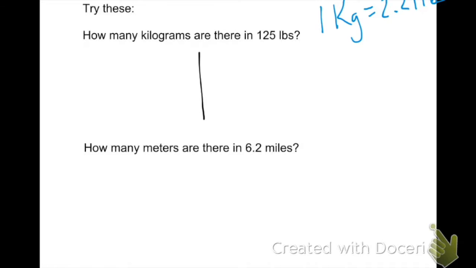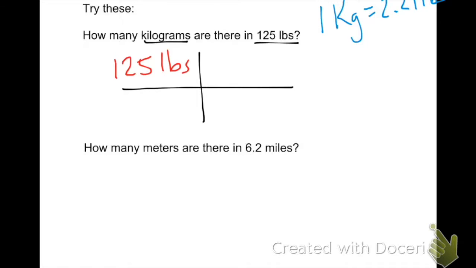We've got our T-chart. We're converting from pounds to kilos. So let's write what's given in our upper left, 125 pounds. We're going to write that same unit of pounds in our lower right so it can cancel out.